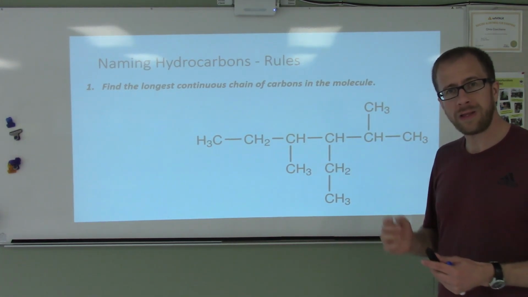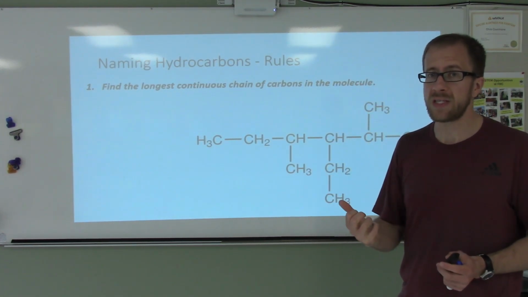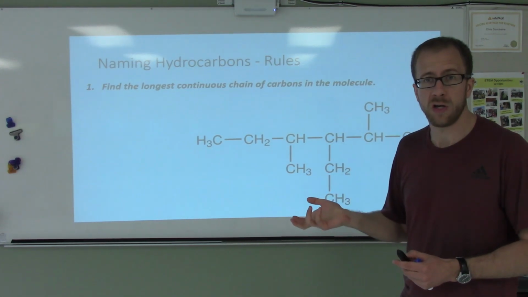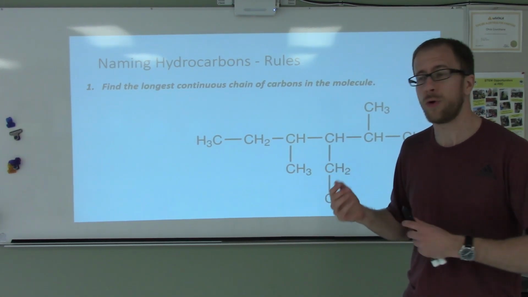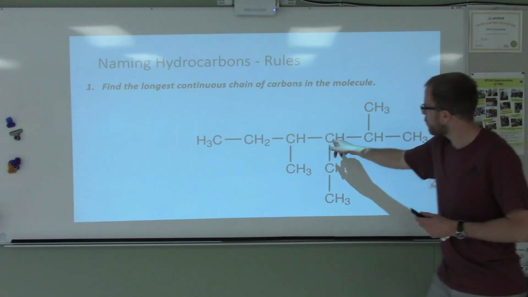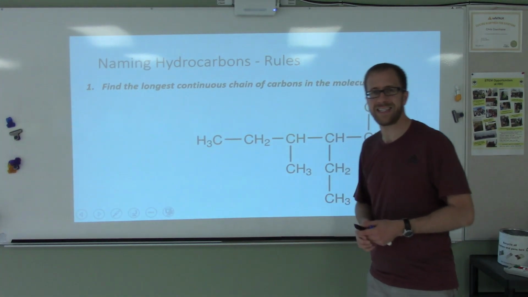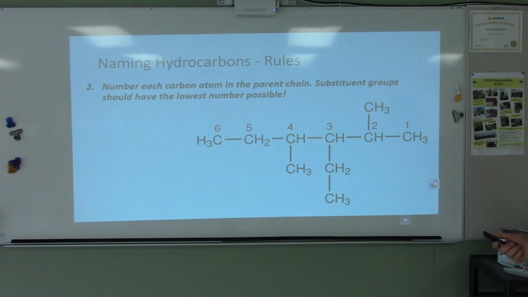We always want to label our parent chain such that our substituent groups get the lowest numbers possible. So the lowest cumulative numbers possible would be if I labeled from this end. So if I number them, it's 1, 2, 3, 4, 5, and 6.